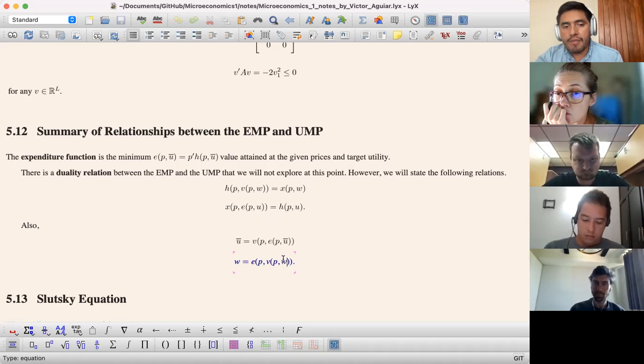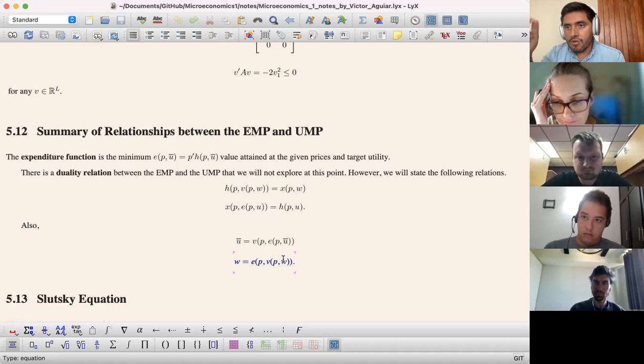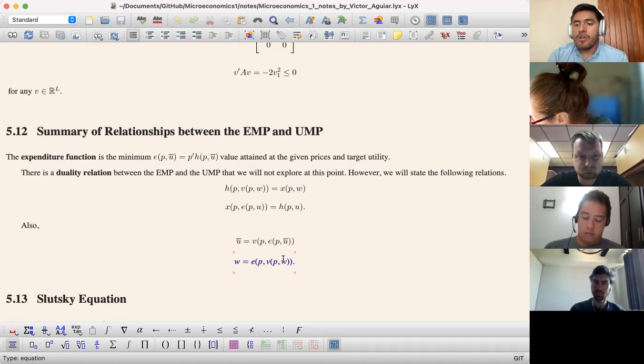In particular, if I apply, for fixed price, the expenditure to the indirect utility, in the sense that instead of having U bar, I now evaluate the indirect utility at (p, w), remember p is fixed and w is changing, I get back w, okay? So in other words, the expenditure is the inverse of the other. Perfect, it works.